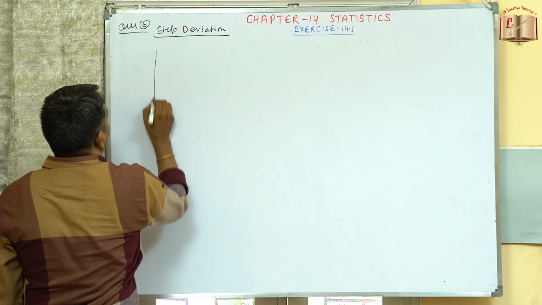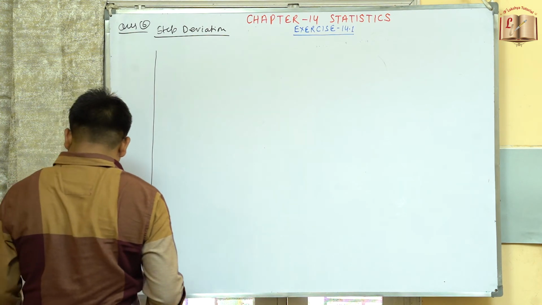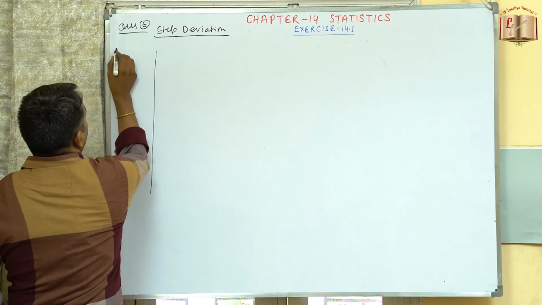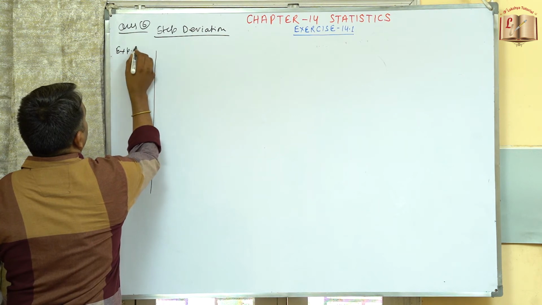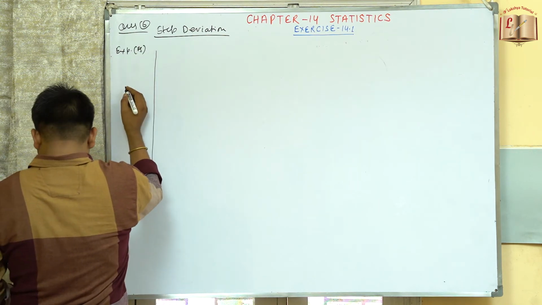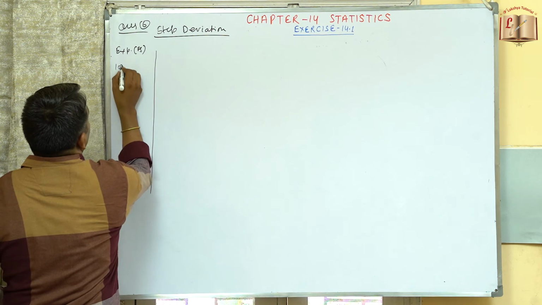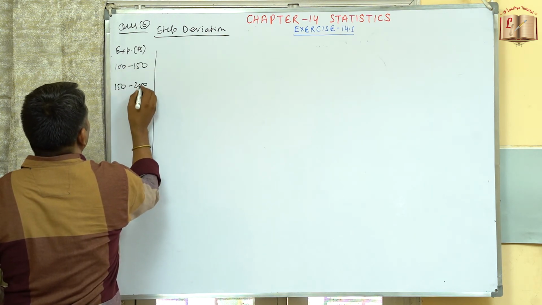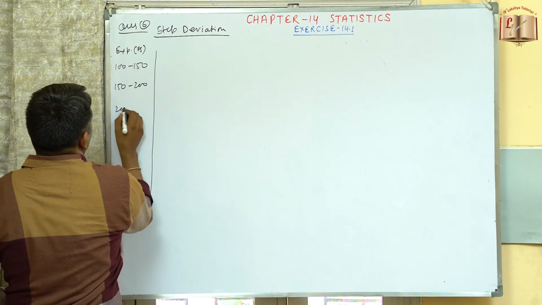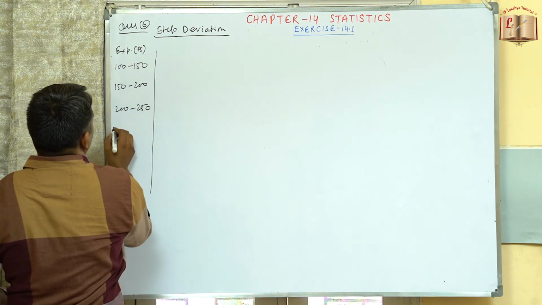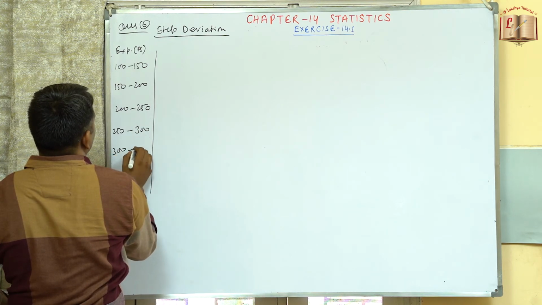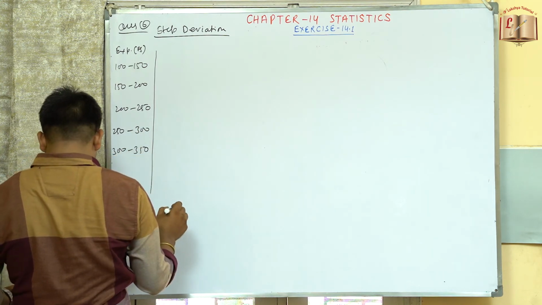So first of all, we'll make our table. So expenses are given, expenses in rupees. So this is 100 to 150, then 150 to 200, then 200 to 250, 250 to 300, then 300 to 350.